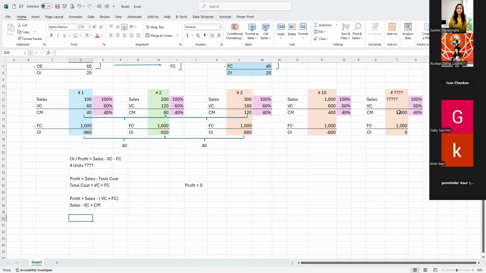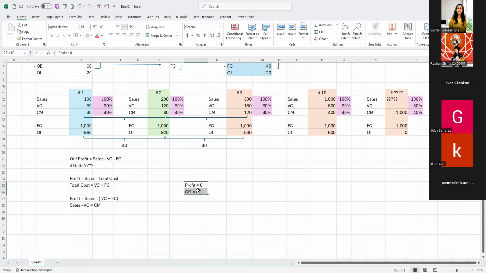As we said here, contribution margin has to be equal to 1,000, or equal to the fixed cost. Make sense?